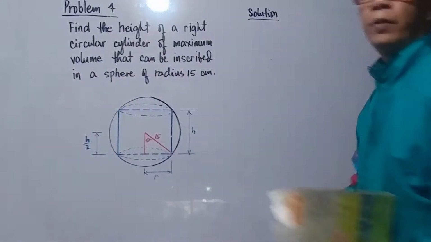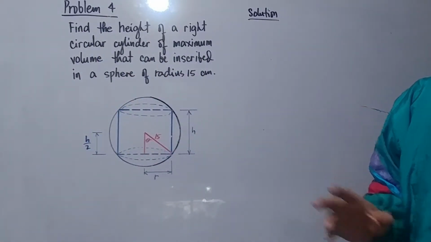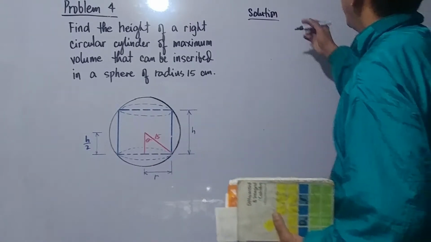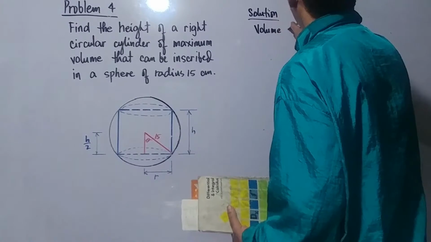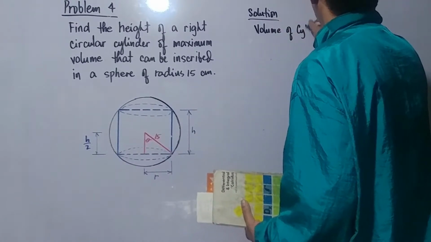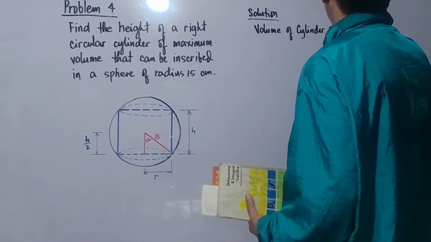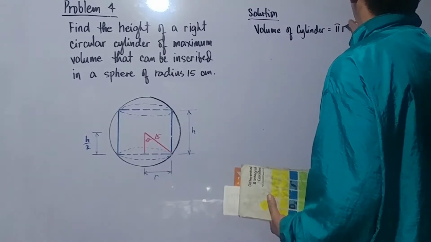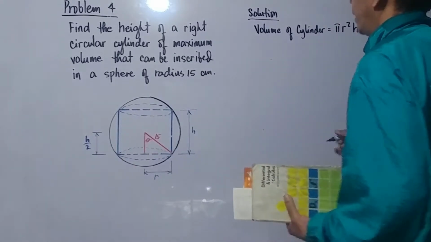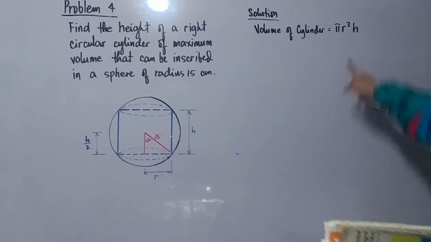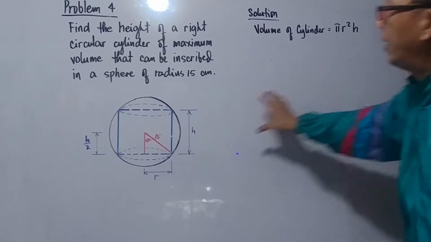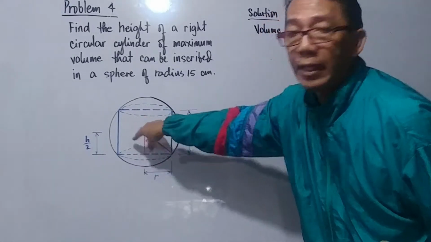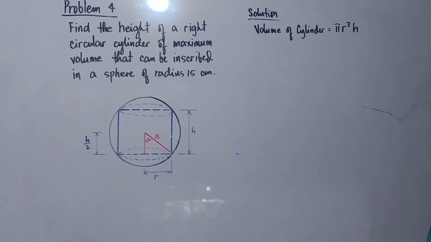We all know from our analytic geometry that the volume of a cylinder is equal to pi r squared h. As you notice, this is the area of the base of the cylinder, which is a circle, multiplied by the height. And this is the cylinder inscribed in a sphere.